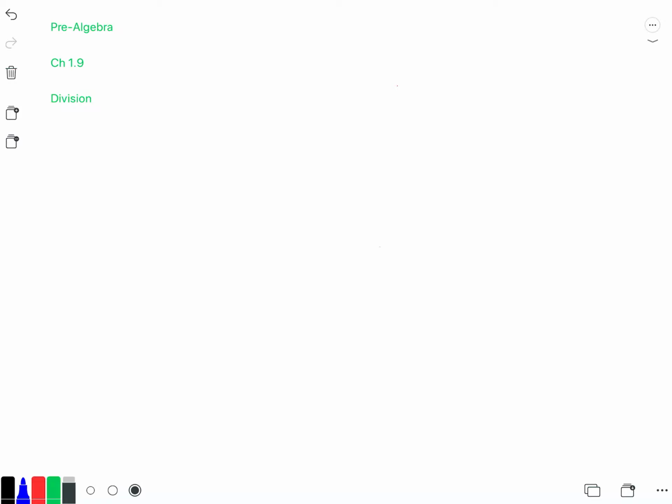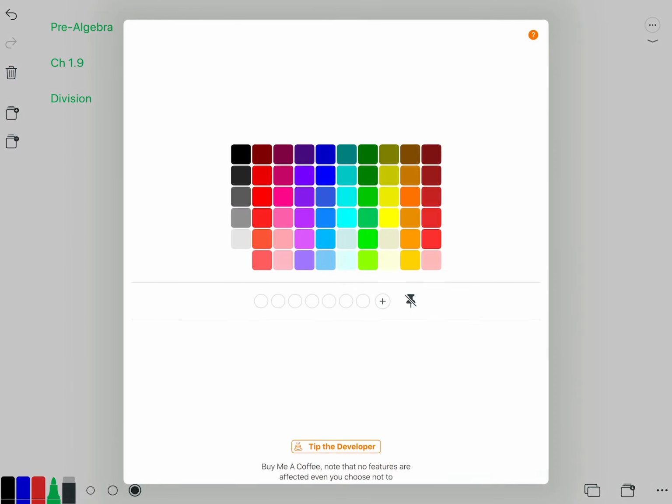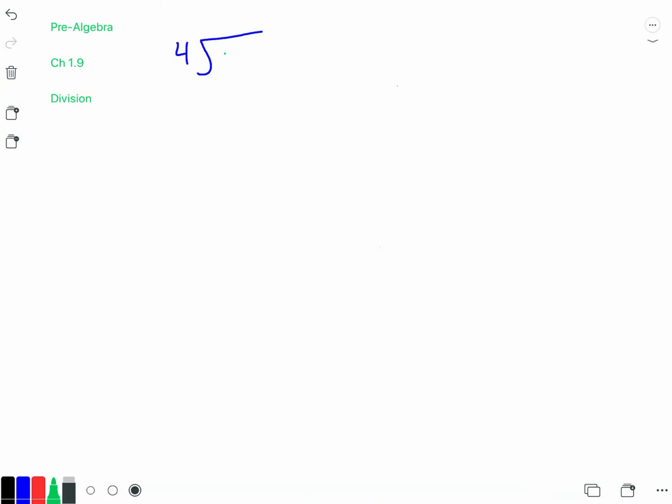So I might have something that looks like this. I might have a 4 on the outside of this brace here, which is the division symbol, and the number 13, right? So basically we need to know some terminology. The number that is doing the dividing we call the divisor.